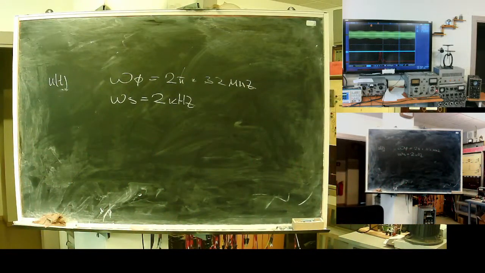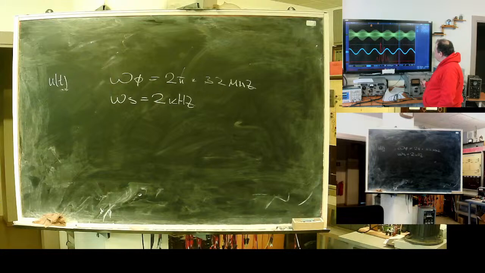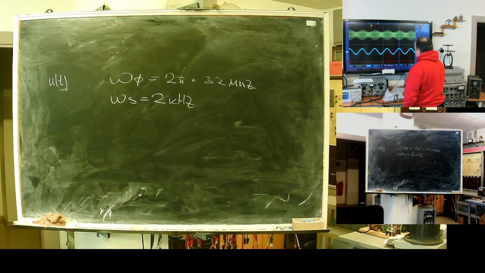Internal source is more powerful. Actually, I need small index to make things, say, clear. Second harmonic. Come on.